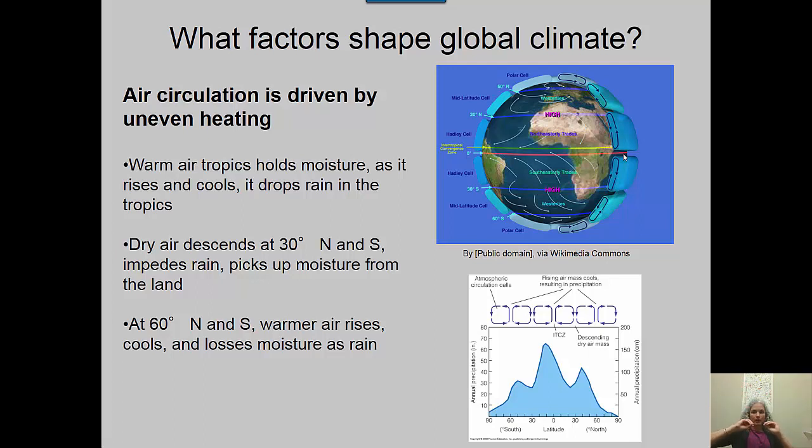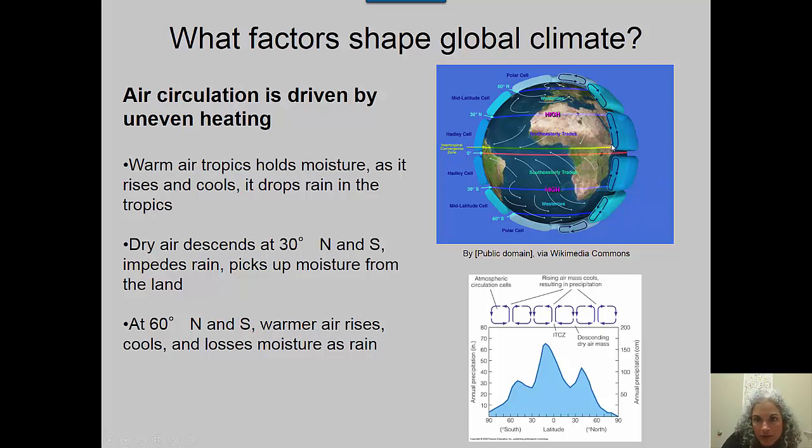So in the tropics, we have moist, warm air masses that are rising. As they get farther away from the Earth's surface, it's going to get colder up there in the upper parts of the lower atmosphere. And as they cool, they're going to lose their ability to hold some of that moisture, and it's going to fall down as rain.